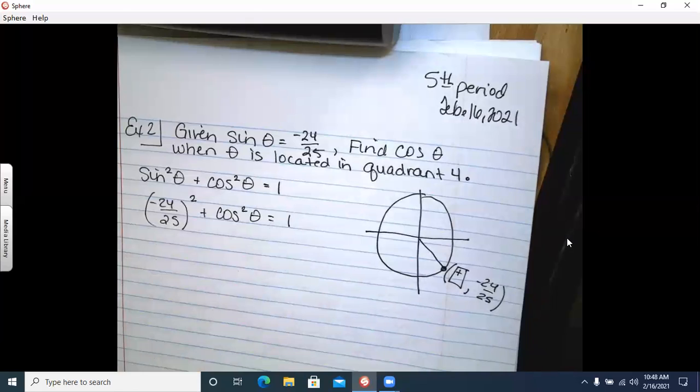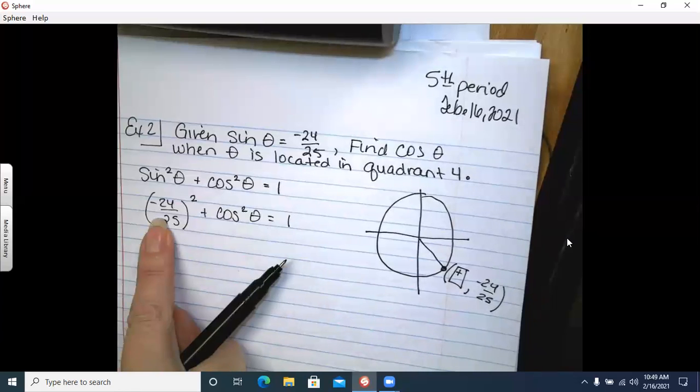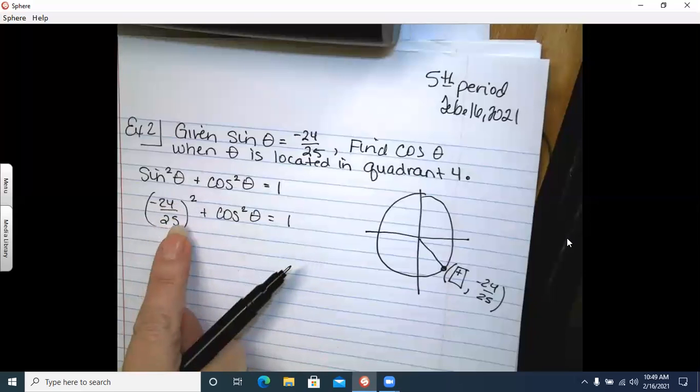Everybody close so far? So first of all, when I square this fraction, is it going to be positive or negative? Positive, because a negative times a negative is a positive, right? So we have to square negative 24/25. What's 24 squared?